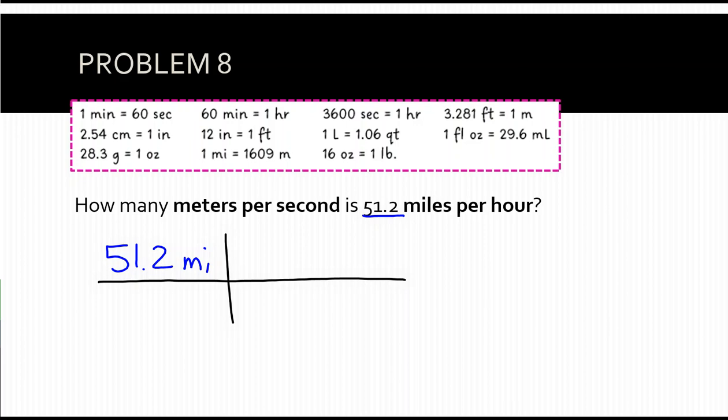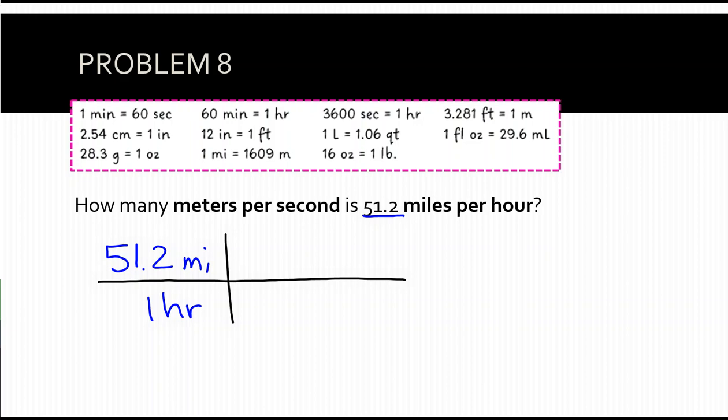But I also have the per 1 hour, so the 1 hour has to go on the bottom. This has 2 units in it, not 1. It's a derived unit. Now, we have to convert both because we have to do miles to meters and we have to do hours to seconds.